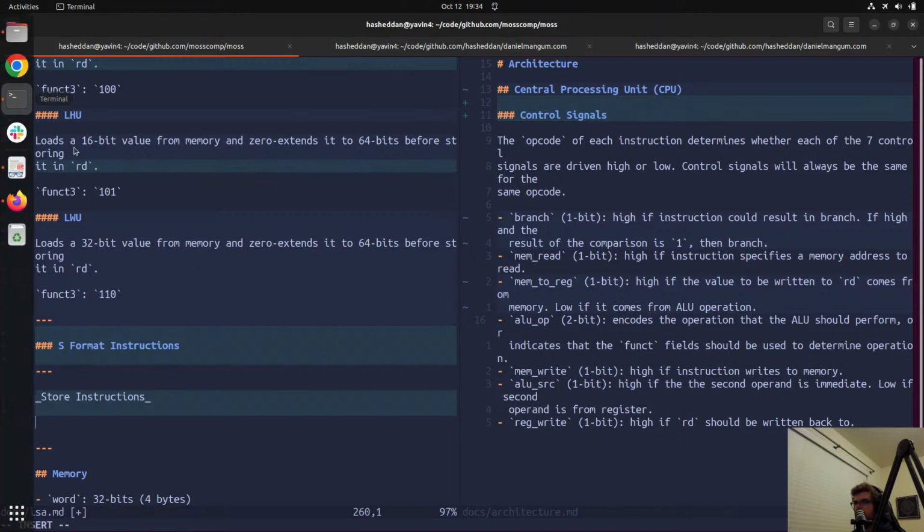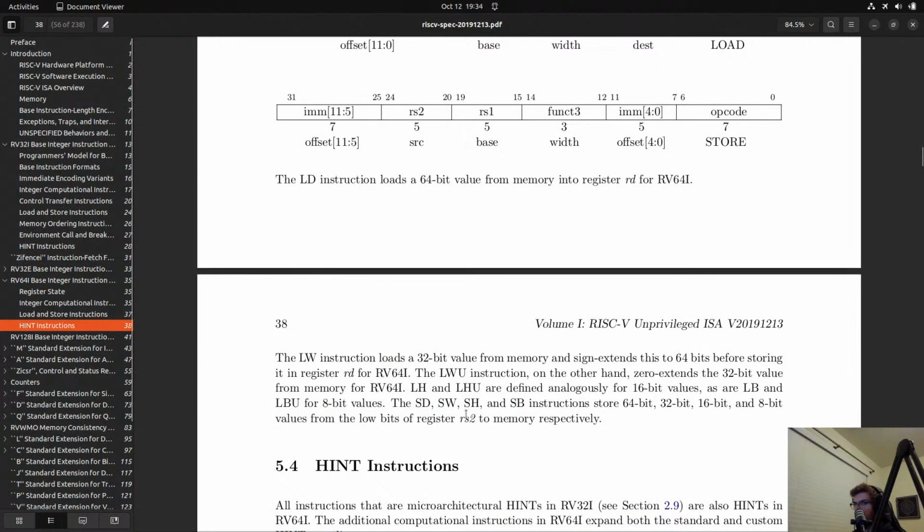All right. And it's going to look just like our load instructions for the most part, except we have SD, so we have store double word as well.